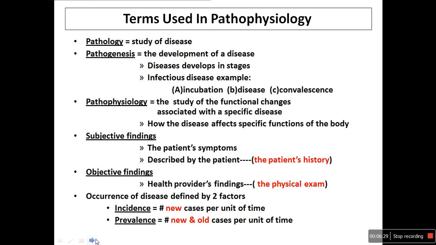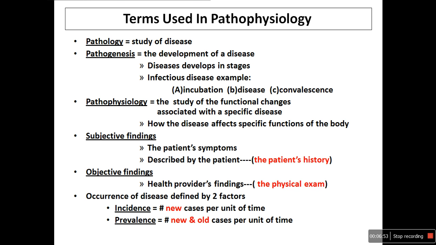It's the number of new cases of a specific disease per unit of time. For example, I have got 10 cases in a week.